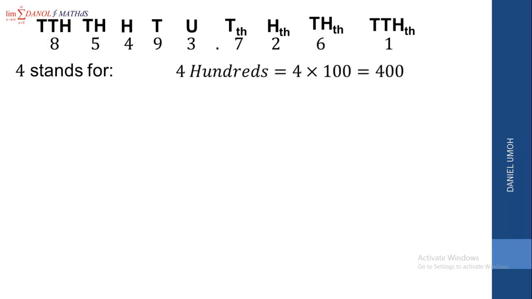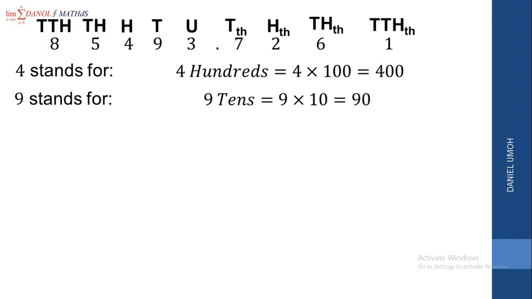Now, the next there is 4. 4 stands for 400, so 400 means 4 times 100, and that gives us 400. The next there is 9. 9 stands for 90, because 9 is placed under the tens position.